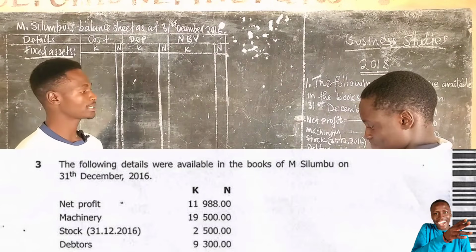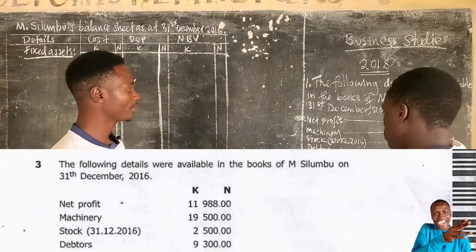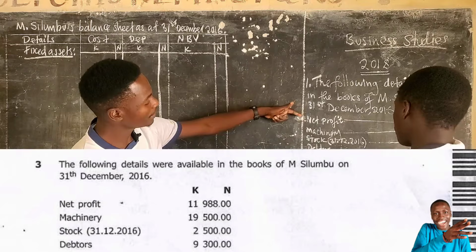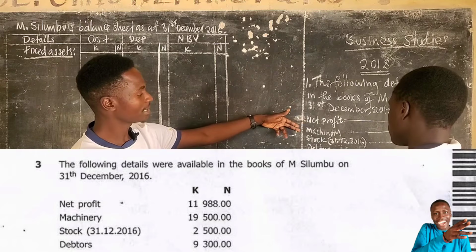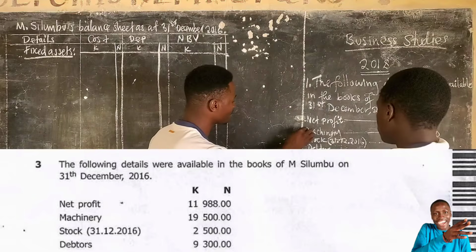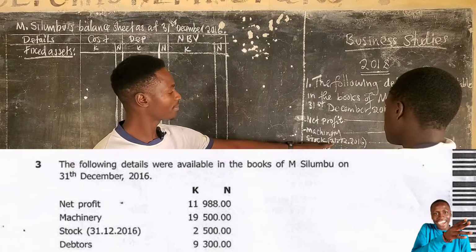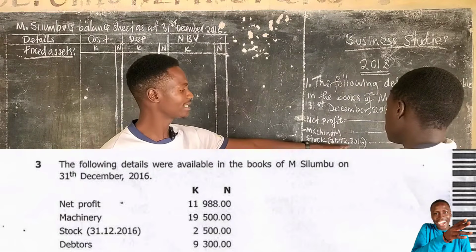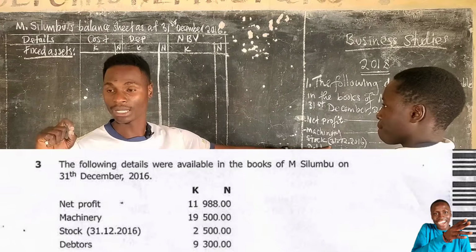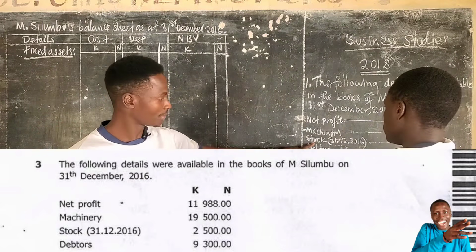Now, when you look at our list of items on your screen, starting from the top you have net profit, machinery. Machinery is a fixed asset. Let's go to the next. Stock, which is on the 31st December 2016. This is also an asset, but not a fixed asset. This is a current asset. This is the closing stock.